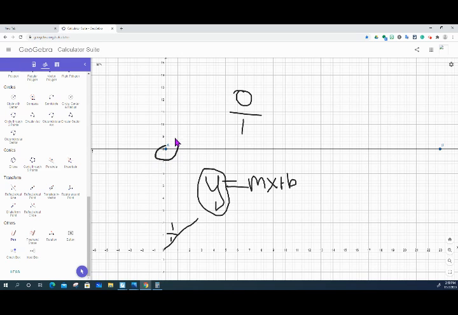I can still look at where it crosses, and I can put that as the b. That becomes my 8. And in this case, my slope becomes 0 divided by 1, which is 0, times x, which has to equal y. Well, 0 times anything always means 0. So guess what? This goes completely away, and I have an equation that looks like this. y equals 8.